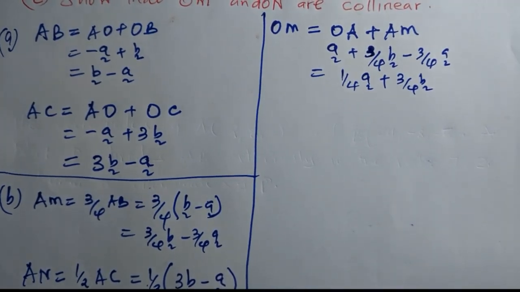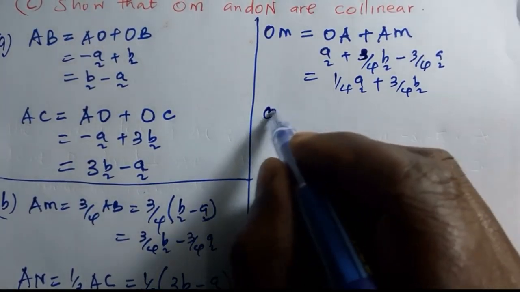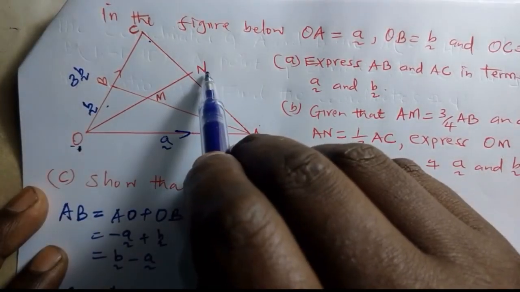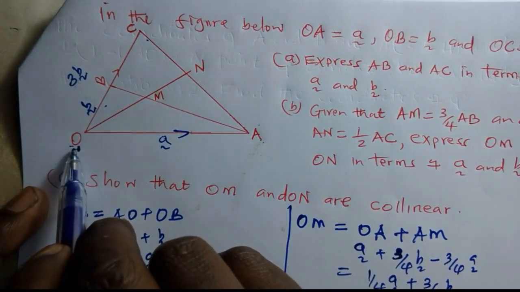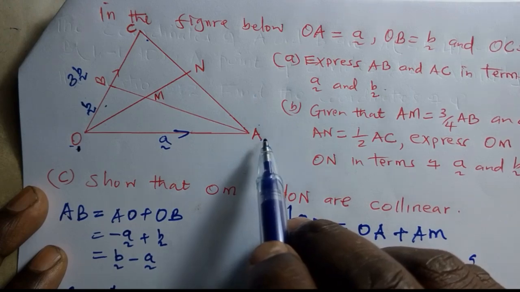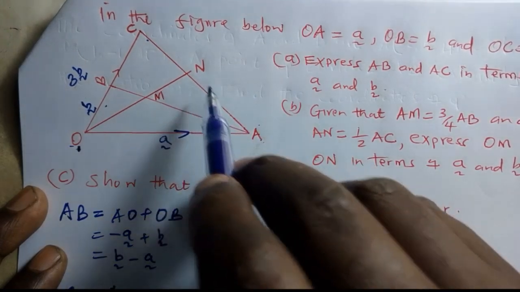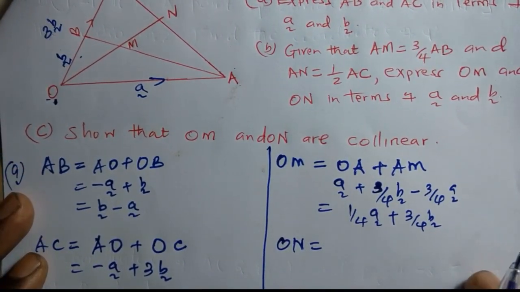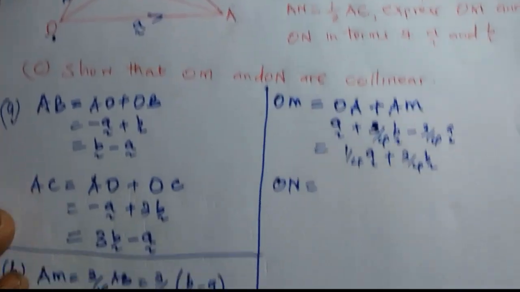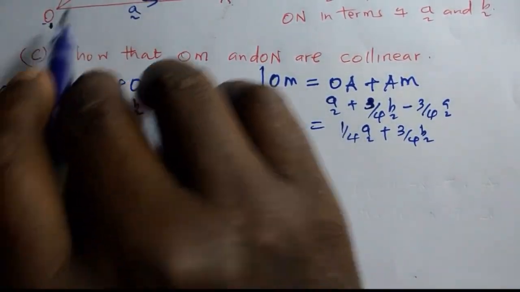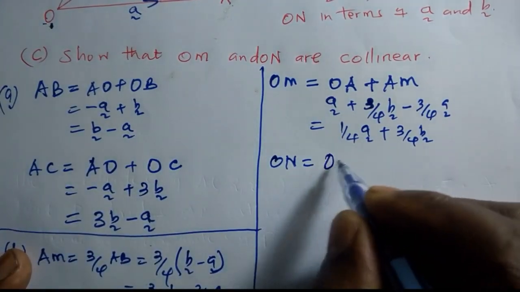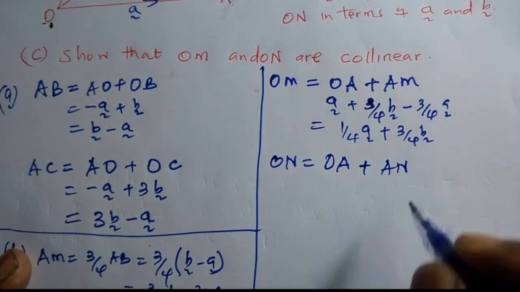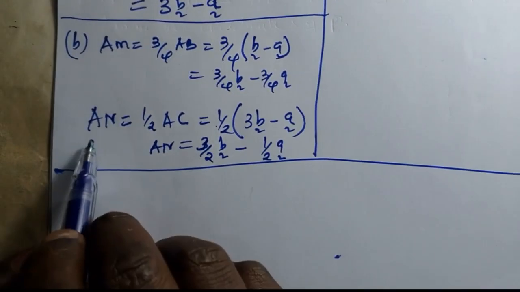Now we want ON. How do we get ON? ON is equal to OA plus AN. That's one way of getting that. There's another way, but we can use that one. But remember, we have AN here.